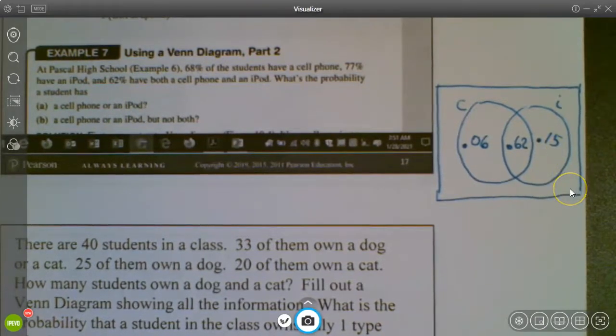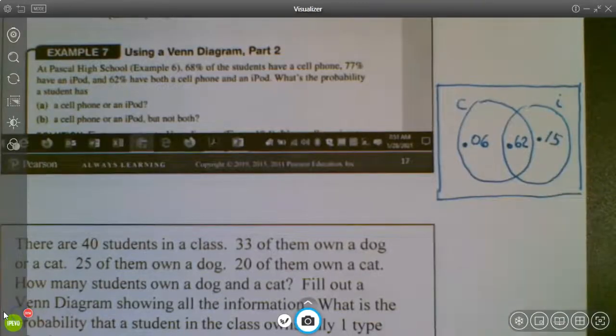Let's just finish one more idea here. If I were to ask you this first question, how many have a cell phone or an iPod? That or question is referring to all three of those groups. All three of those are people that have either a cell phone or an iPod or both. So if we just add those together, we have 68 plus 15, what's that, 83%.